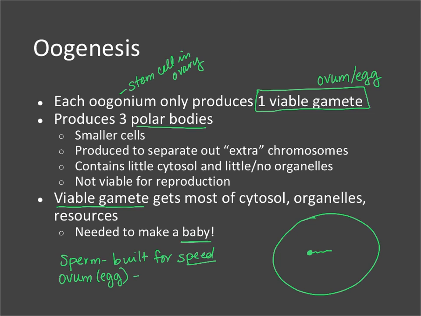It's responsible for all the mitosis associated with embryonic development. So the ovum has to have those resources, including energy and proteins and enzymes, in order to go through mitosis to ultimately form a baby.